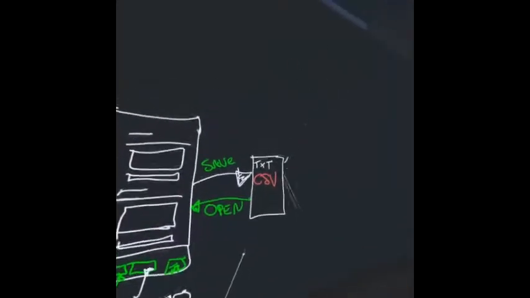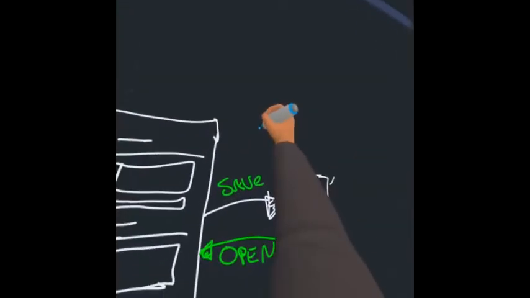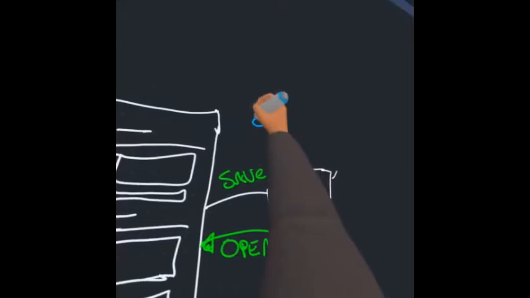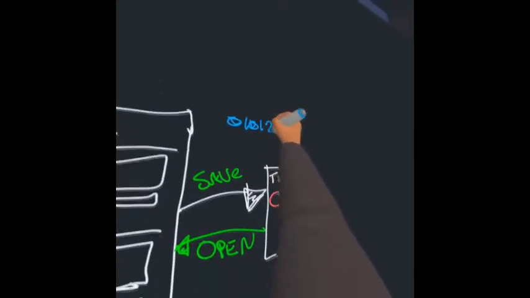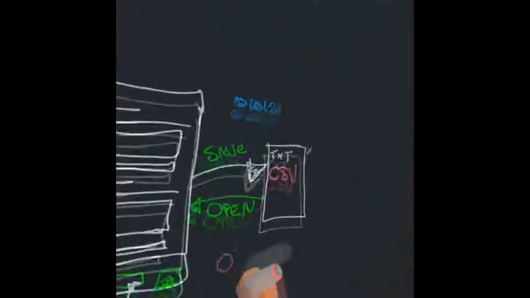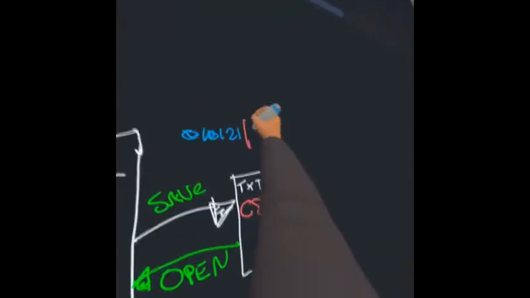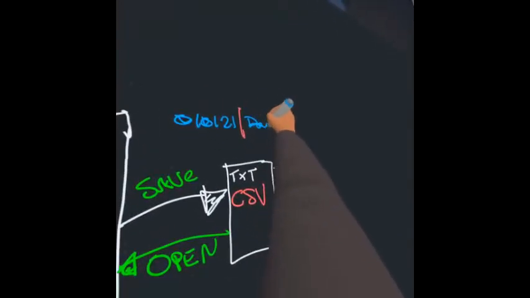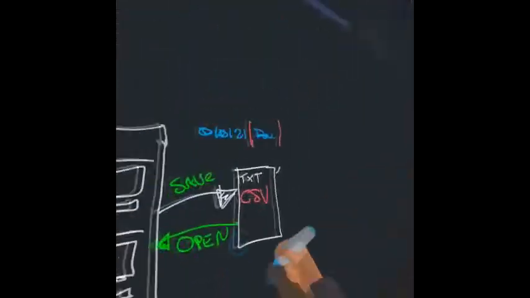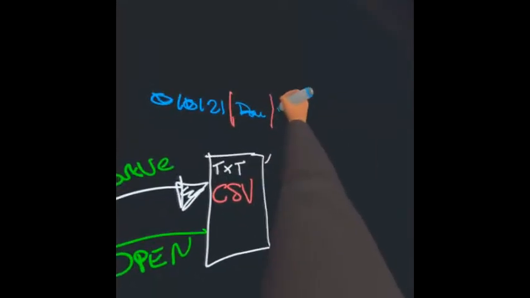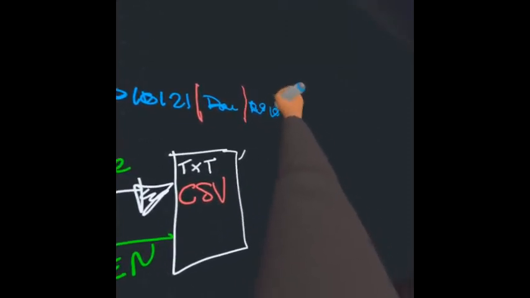The fact of the matter is the information is going to be laid out so. For example, it asks for the date, so 101, 21, and then we're going to have a pipe, and then we're going to have the name Dave, and then a pipe, and then we'll have what's next, date of birth, so 9, 10.